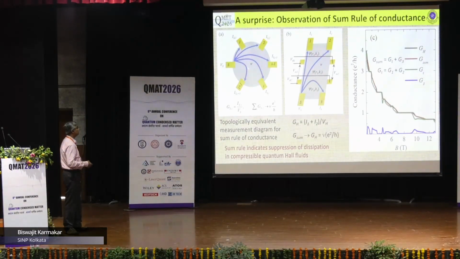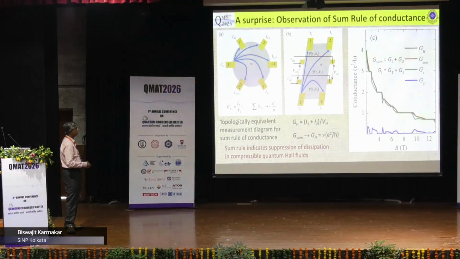If we stay in a compressible region, there are chiral edge states and bulk states. If we put a source, whatever current is injected goes through the chiral edge states, and then there is current partitioning in the bulk state as well.